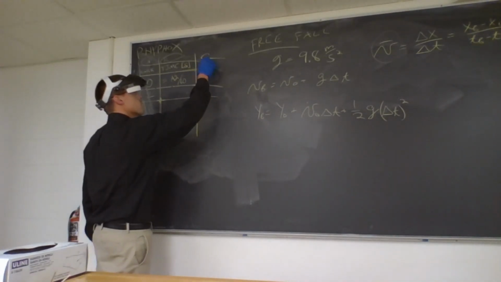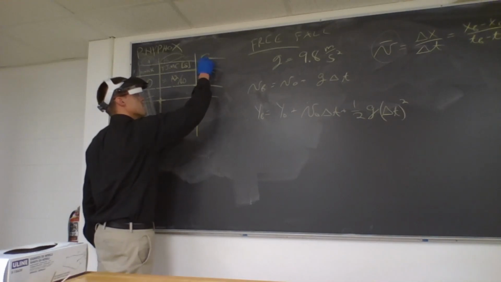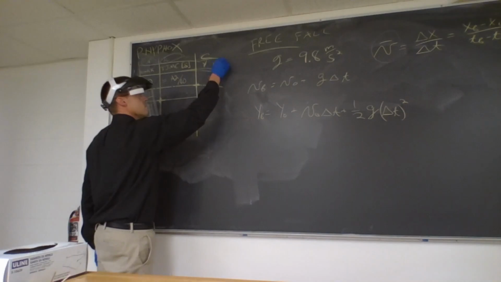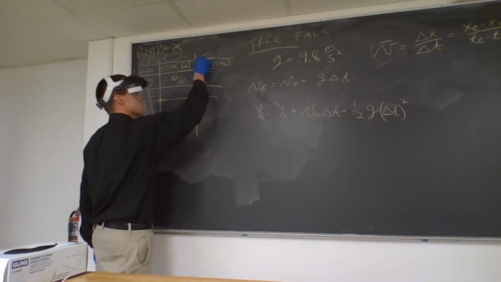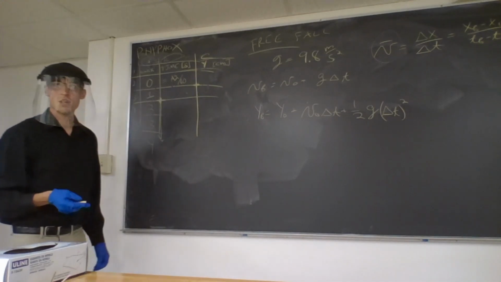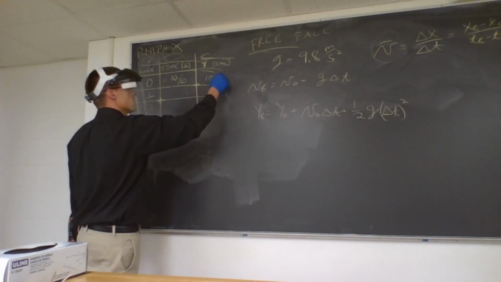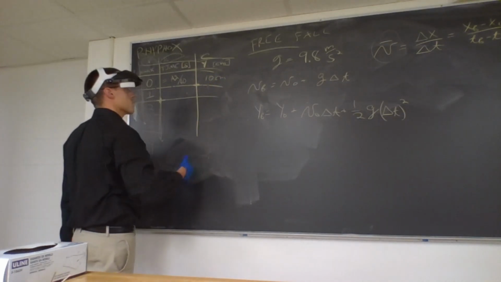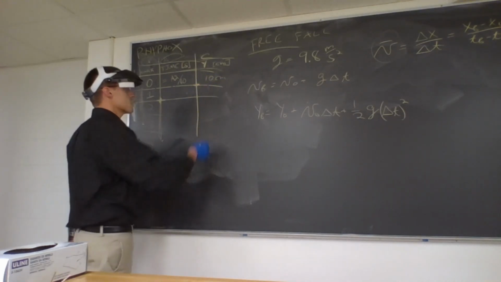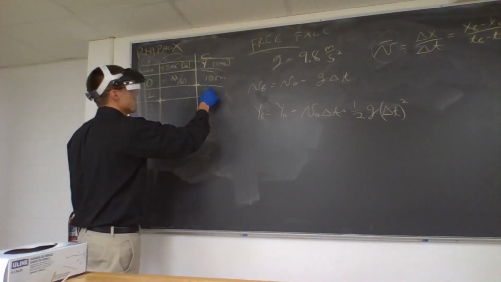So you can put on your spreadsheet, say you call this y, in centimeters. I don't really care which units you use. Whatever you do, you have to do consistently. So I would say, well, this one was 10 centimeters because that was my reference point. The next one was at 10.42.